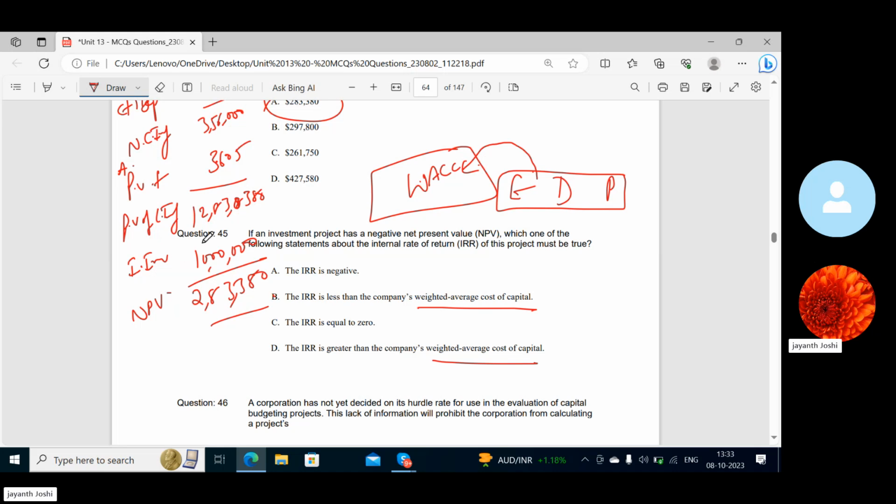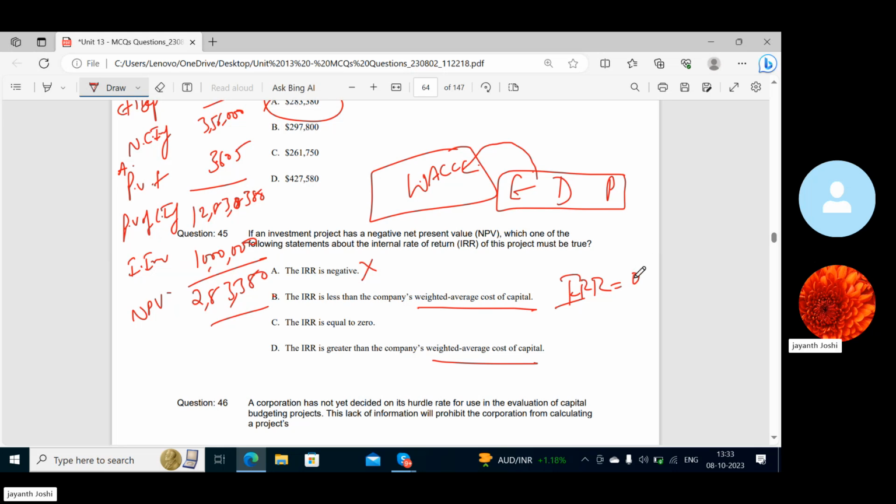Okay. So if an investment project has negative NPV, which one of the following statements? IRR is negative? We can't say IRR as a percentage is negative, right? But if the project has negative NPV, so what happens? IRR is the rate at which your NPV is zero, right? Yes, sir.